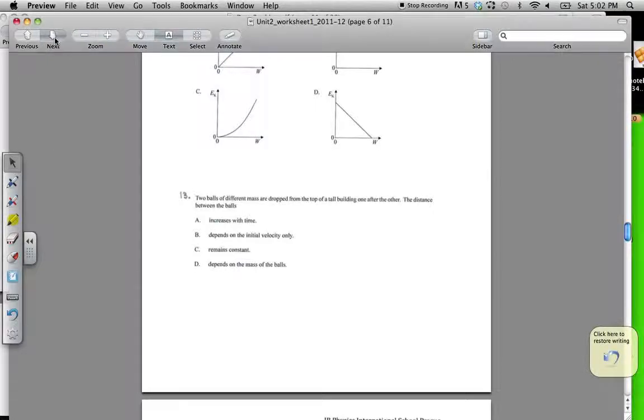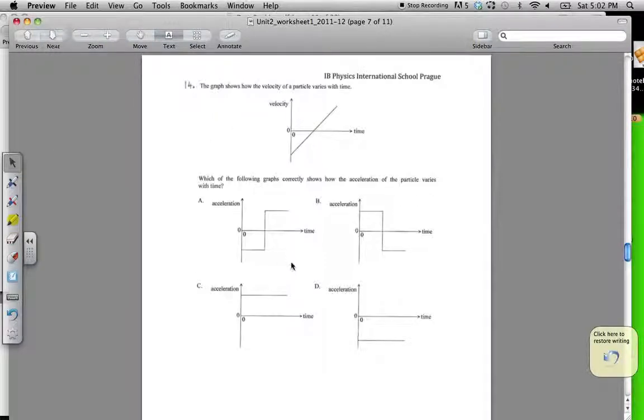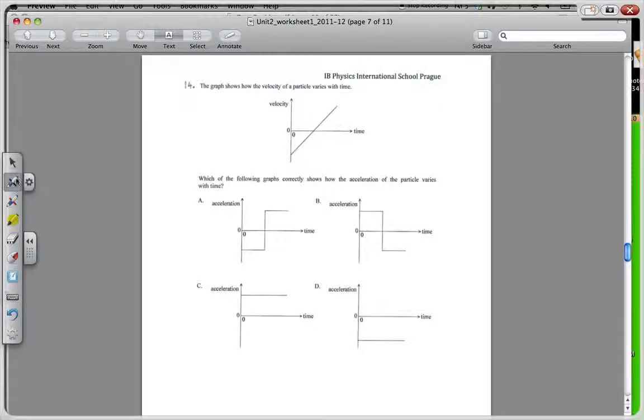Going into our next page, we've got question 14. The graph shows how the velocity of a particle varies with time. The velocity starts off being negative. It decelerates, or slows down, in the negative direction, starts to become 0 and then increases.